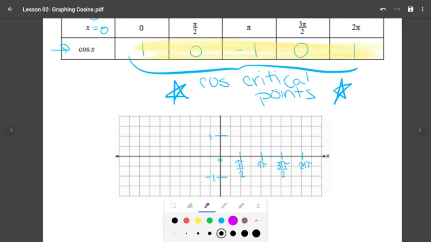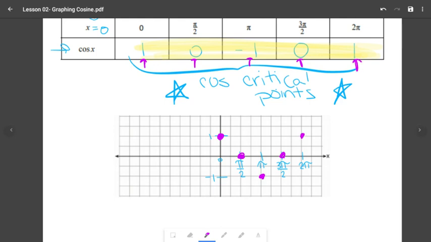So now I want to plot each of these points. First one is 0, 1. Then at pi over 2, we're at 0. Then at pi, we're down at -1. Then 3 pi over 2, we're back at 0. And then 2 pi, we're back up at 1.